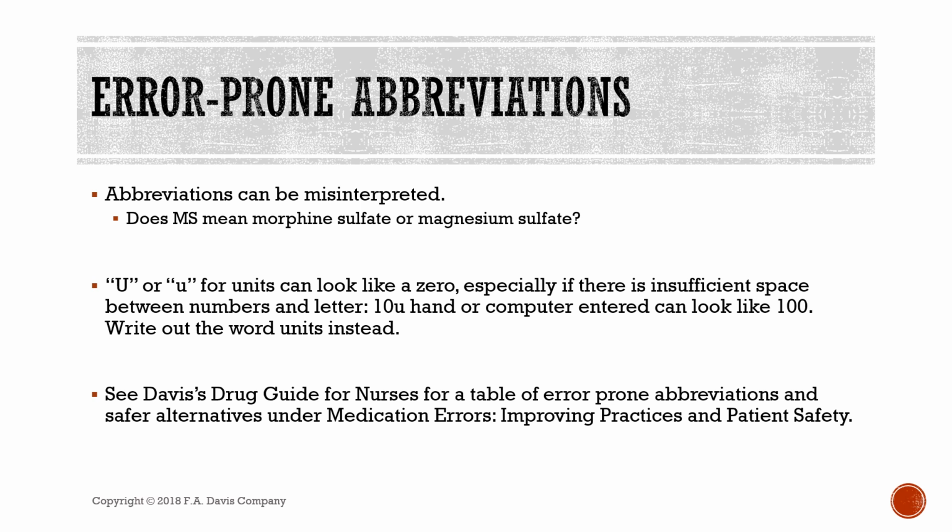For example, 10U, hand or computer entered. If you just glance at it or if someone does not take a good look at it, it can look like 100. So you always want to write out the word units instead of just using a U. There is a table in Davis Drug Guide of error-prone abbreviations and safer alternatives. So you always, again, want to only use approved abbreviations to prevent or decrease errors.